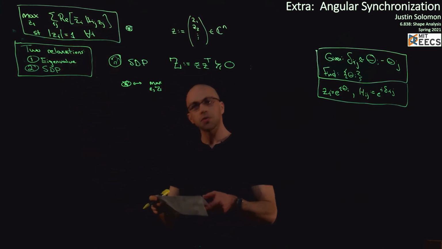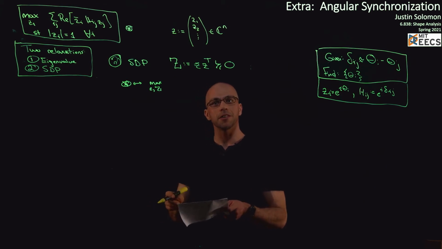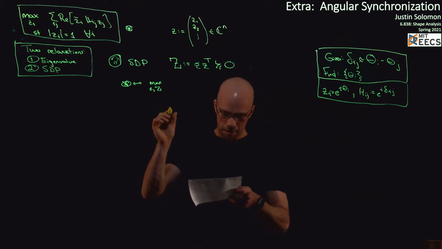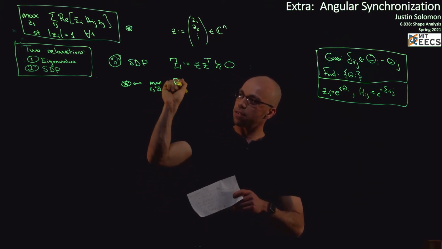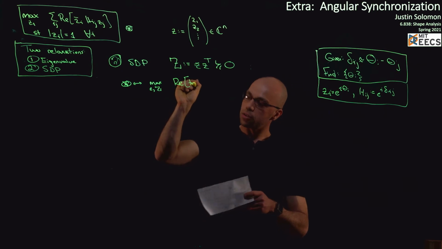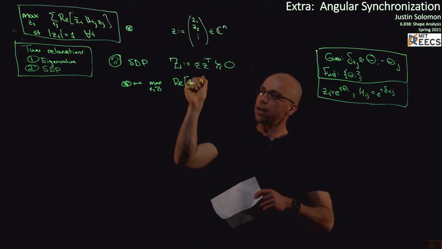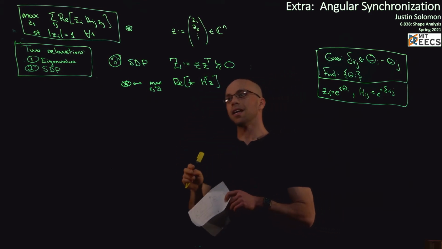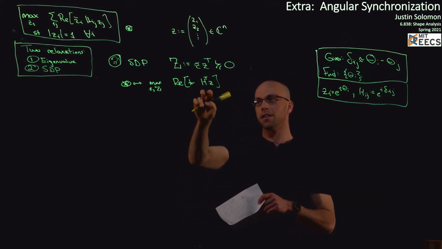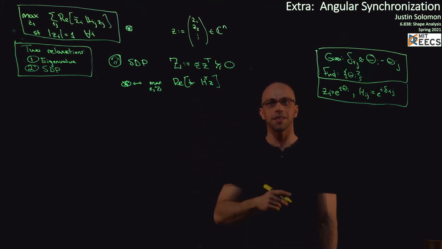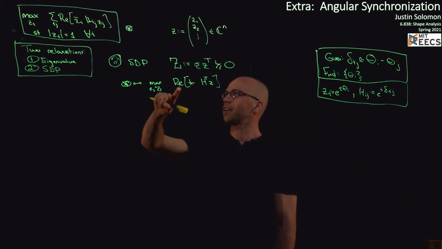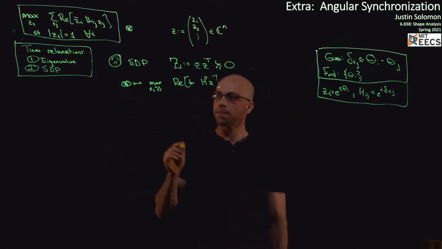And by doing basically the same sort of linear algebra style arguments that we've already made a number of times, we can write this as the real part of the trace of H transpose Z. And that's obtained just remember that the trace of a matrix transpose times another is just the inner product of 2 matrices. But here we need to be a little bit careful to account for the fact that there's a real part hanging out here.